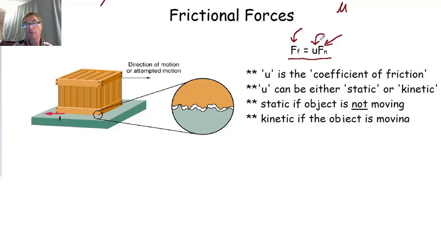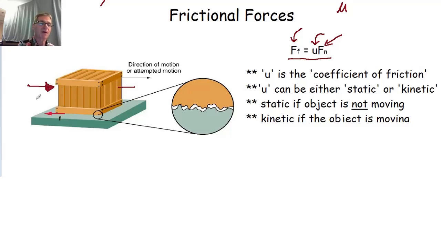How does a frictional force act? Well, a frictional force will always act in the opposite direction of the motion of an object. Let's say the motion of the force is in this direction here.